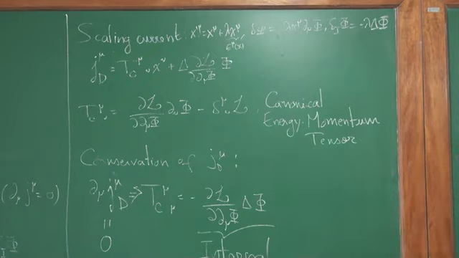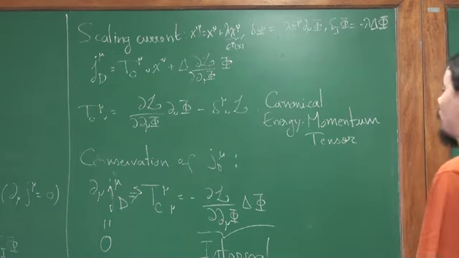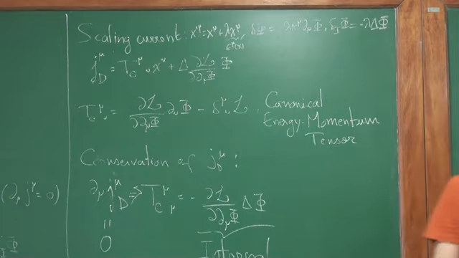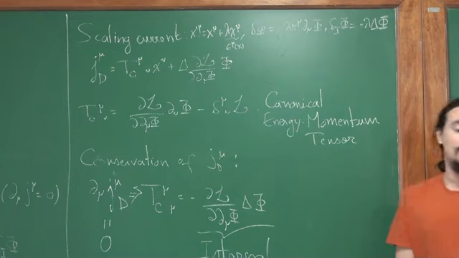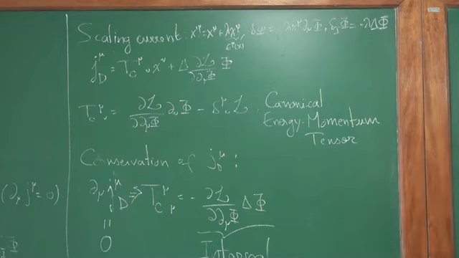And as we discussed, this would imply, at least at this classical level, that if you can make this improvement, then scaling invariance in that theory will also imply full conformal invariance.